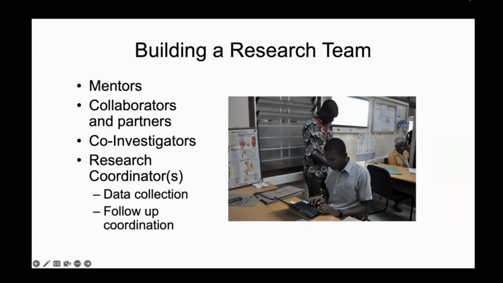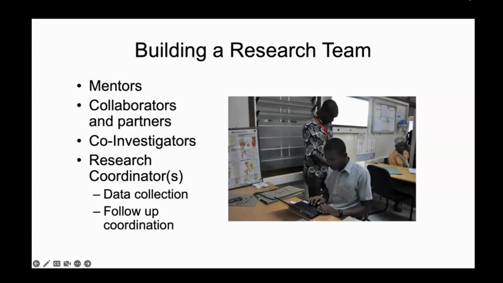Most of us as busy clinicians just aren't able to be there and carry out every little step that it takes to get patients into our study and followed up appropriately. And identifying and hiring research coordinators is absolutely critical to carrying out and implementing your research.